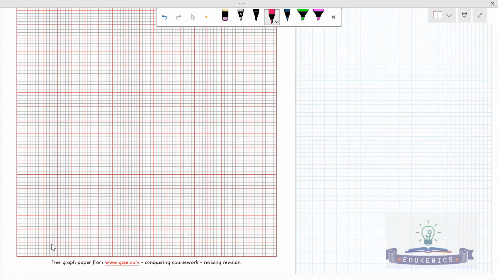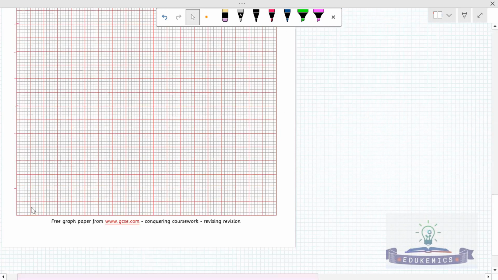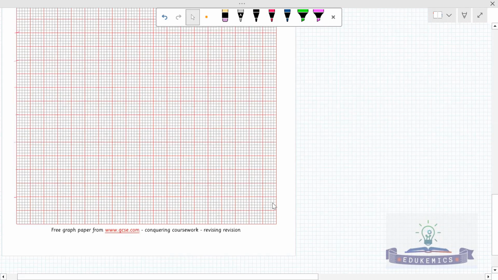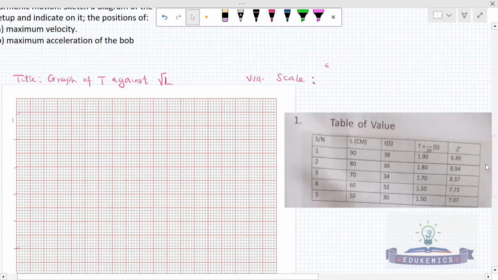Let me count it: 1, 2, 3, 4, 5, 6, 7, 8, 9, 10, 11, 12. So normally you have 12, and on the horizontal, you have 8 of those. Now I'm using the 2 centimeter. So let's choose the scale.